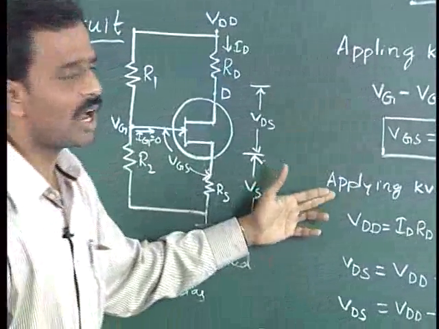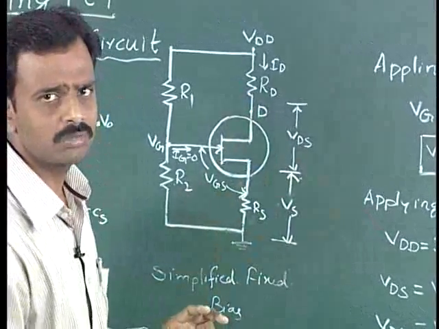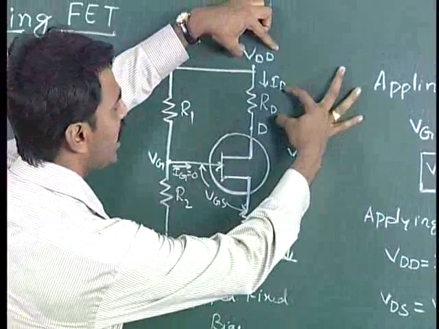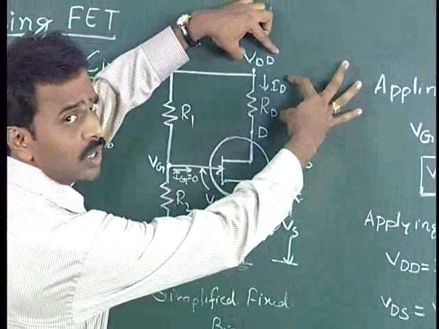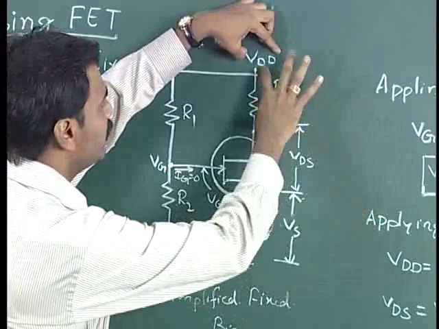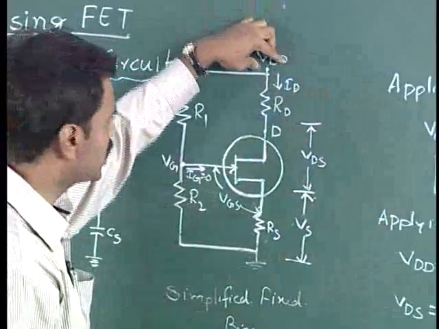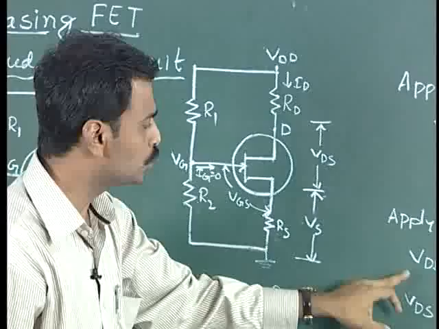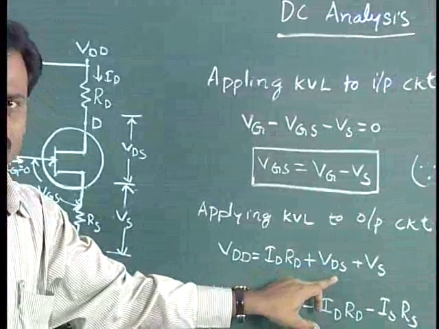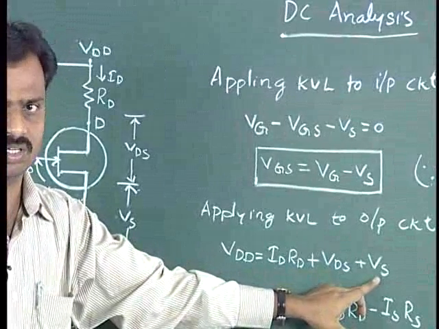Next, applying KVL to the output of the circuit, VDD will be equal to IDRD plus VDS plus VS. So VDD is equal to the sum of all the voltages present in the output of the circuit: IDRD, the voltage between the drain and source, and the voltage across the source resistance.